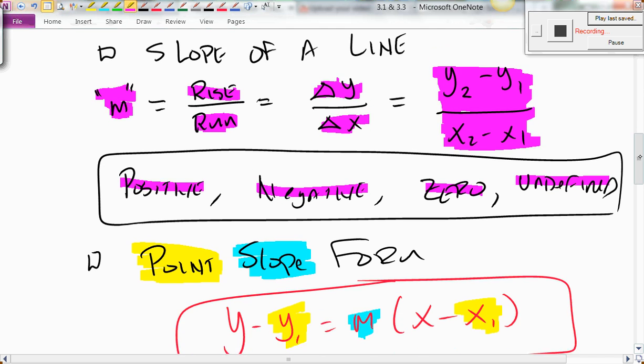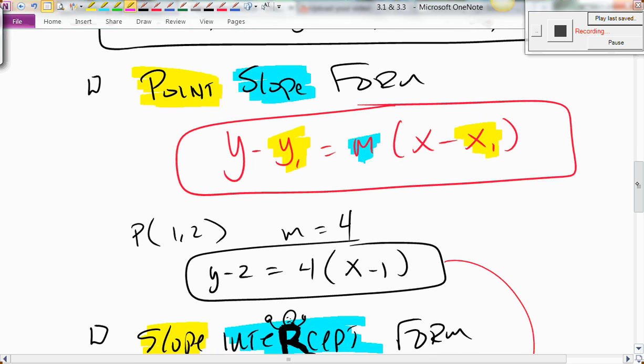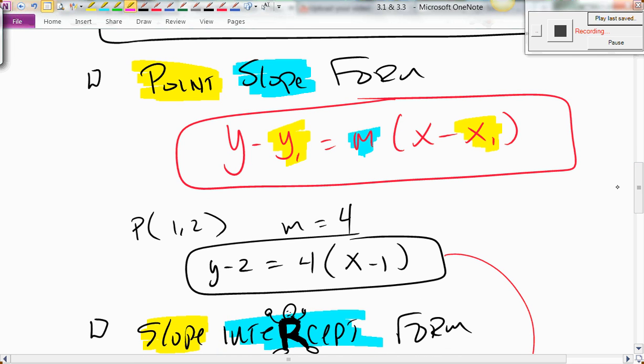Then we talked about the three different types of ways you can describe a line. You can use point slope form, where they give you a point and a slope. So the point in this case would be y1 and x1, and the slope would be the m, so I colored that in blue for you so that you can see. So then I gave an example. Okay, if we have the point 1, 2, and the slope is 4, can you put it into point slope form?